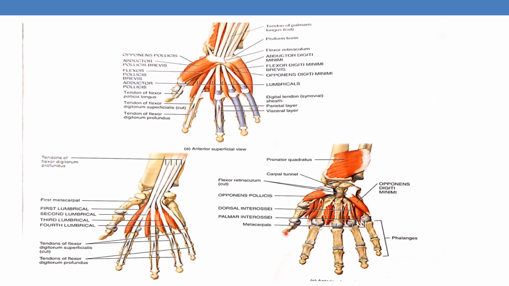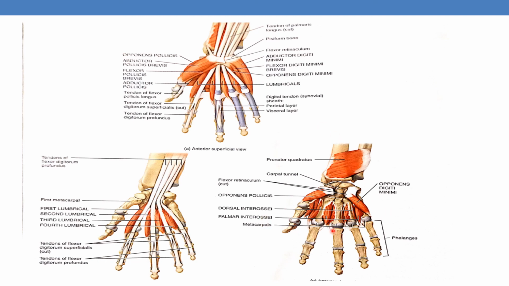Now, regarding the mid-palmar muscles, there are 4 lumbricals. You can see here, 1, 2, 3, 4 lumbricals. Regarding the mid-palmar muscles, we have another picture.